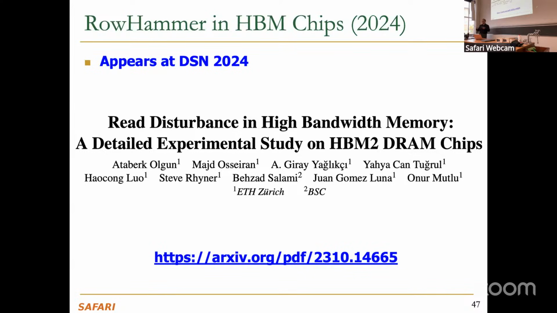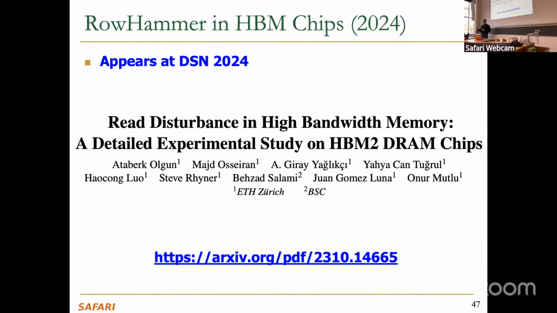the internal array, the subarray in an HBM chip, is very, very similar. It's essentially the same thing as the internal subarray that you use inside a DDR4 chip. What's different is the interface, so that you can get a much higher bandwidth interface, and it becomes very expensive also because of that higher bandwidth. We have discussed this very early on in these lectures. What's different is the outside, like peripheral circuitry to support that interface.